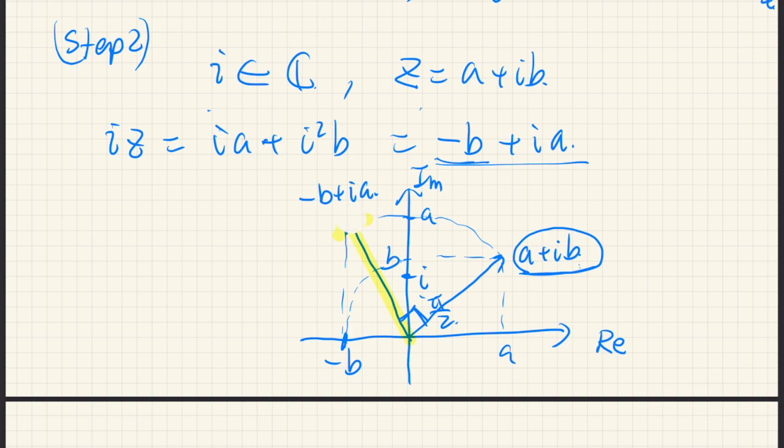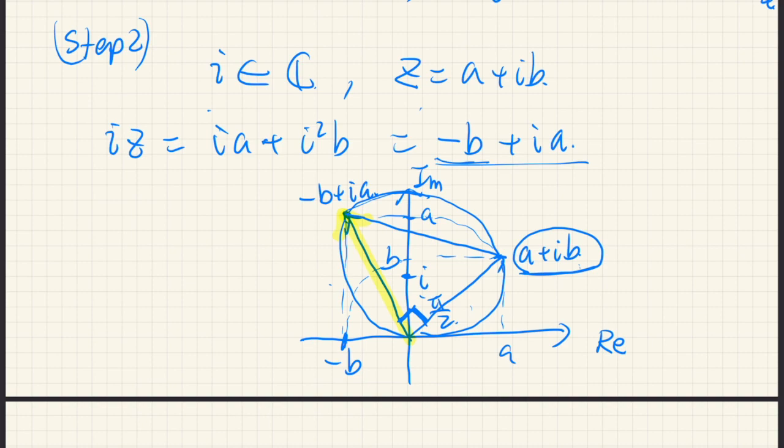Remember the Pythagorean theorem? Since, as we will see, this is the right angle, then the square of this length and the square of this length, if we add them, should be equal to the square of this length. That's what we are going to show.